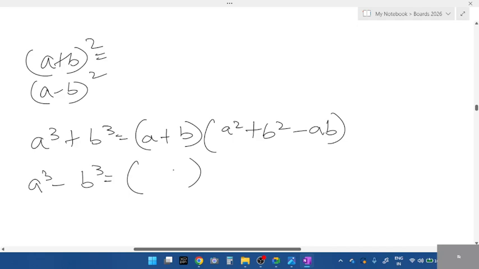Students say nothing, so say something. Tell me some formulas. What is the a cube minus b cube formula, Kia? a minus b into a square plus b square plus ab. Everything is positive.